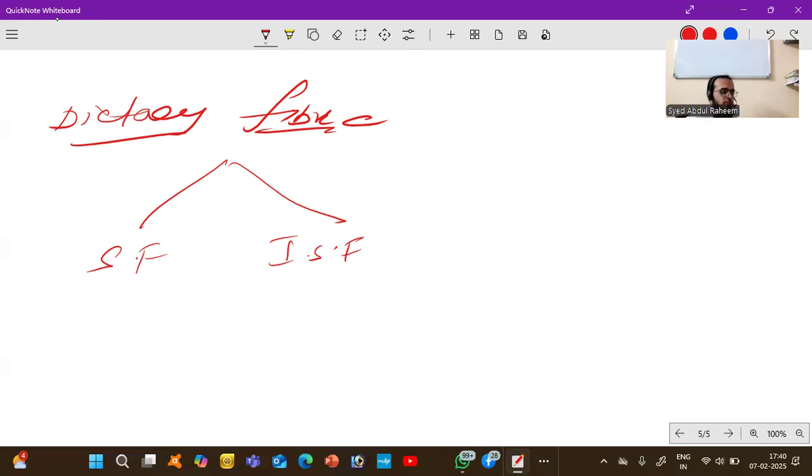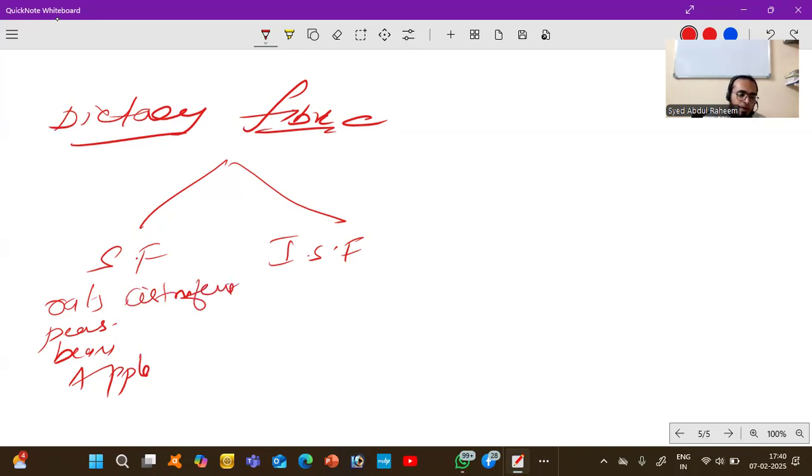Soluble fiber will dissolve in water. Okay, and it is present in oats, peas, beans, apple, citrus fruit, carrot, barley, and psyllium. Okay, and insoluble fiber does not dissolve in water.